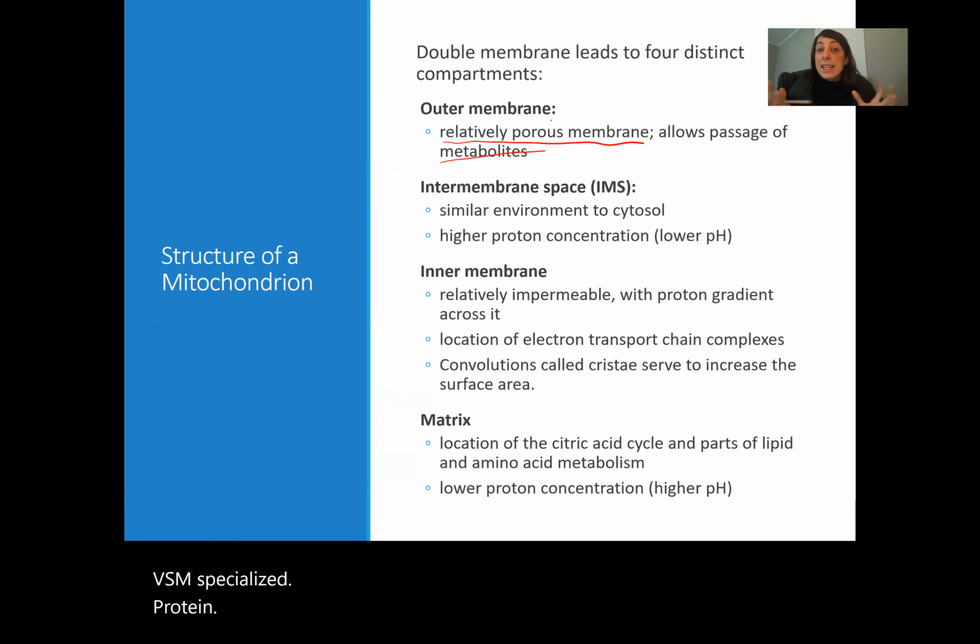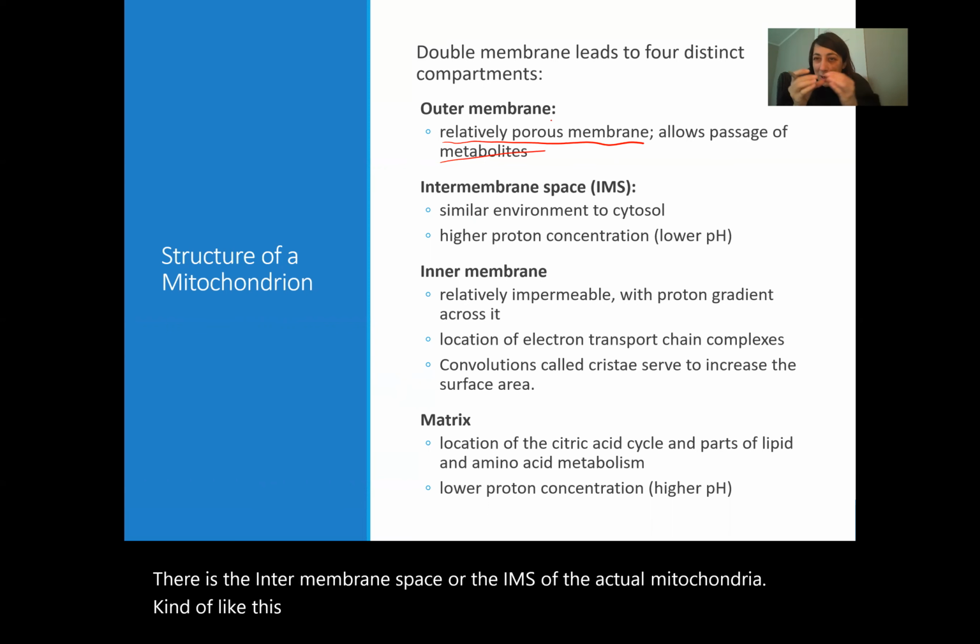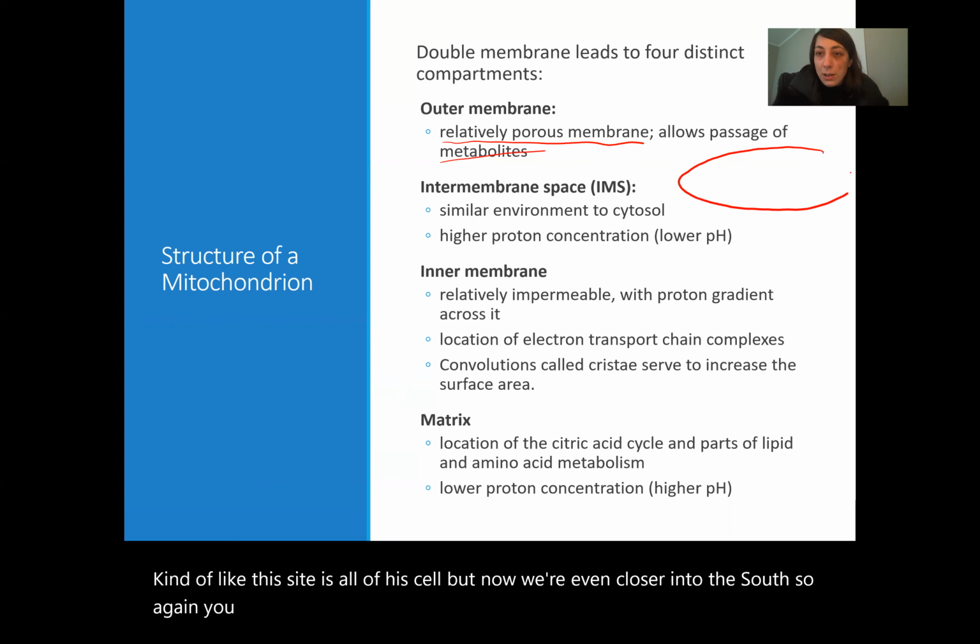Then there is the intermembrane space, or the IMS, of the actual mitochondria. It's kind of like the cytosol of the cell, but now we're even closer into the cell. So again, you have your outer membrane, and you have this inner space in here.